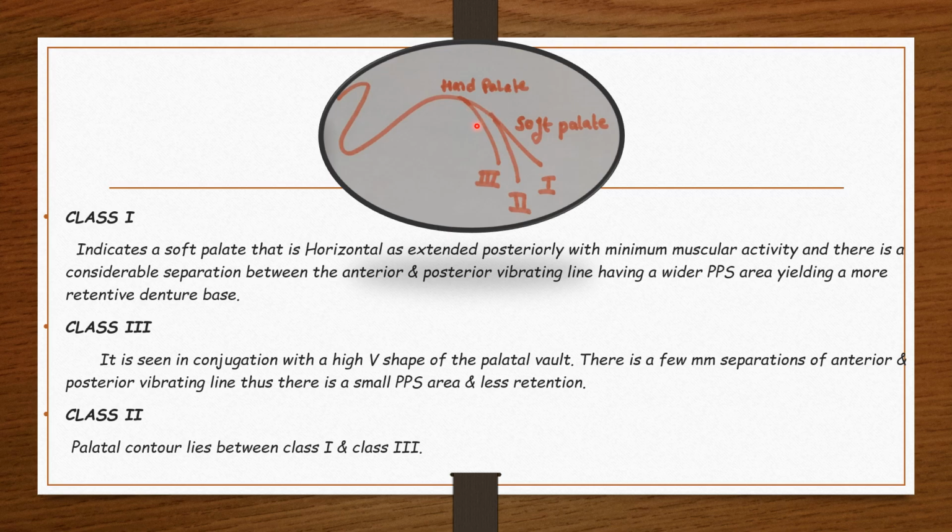This is very unfavorable because it provides a very small, narrow PPS, so there is less retention. So you can say a class 3 soft palate, where the palate shape is high and V-shaped, is less favorable for retention.